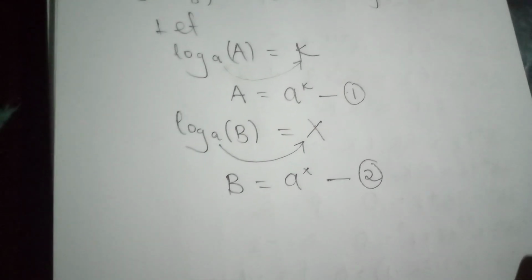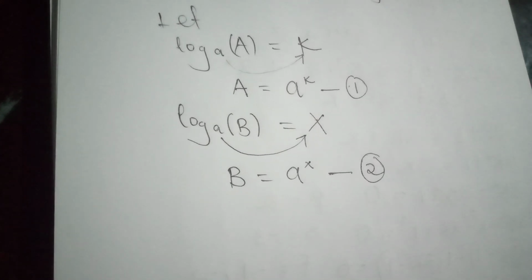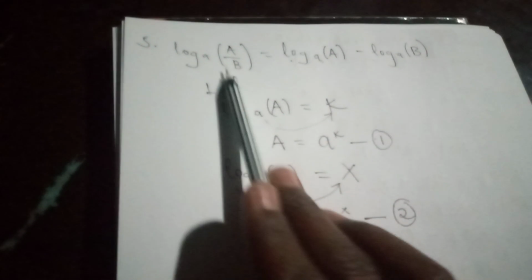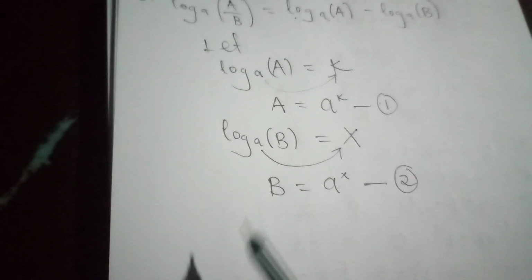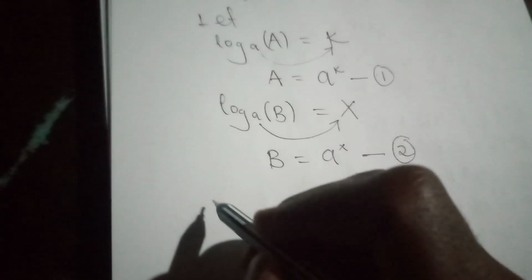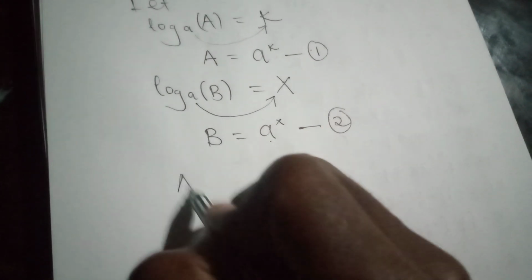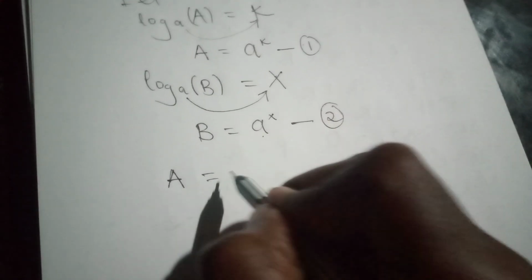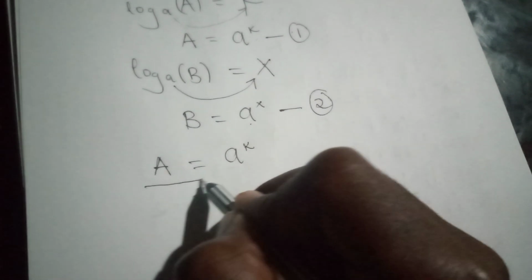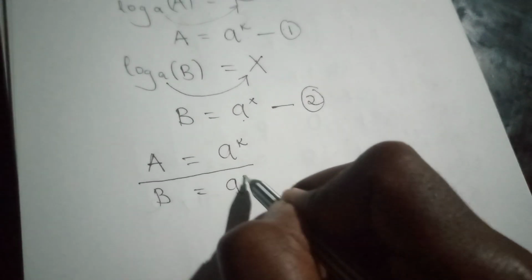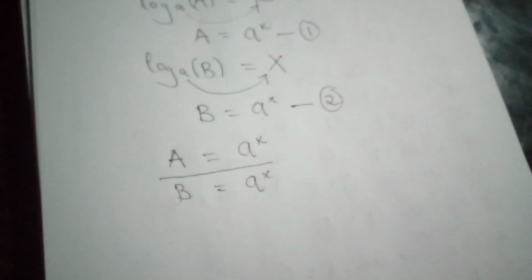Now what you are going to do is that, since you have seen that this part you are dividing, you are going to divide that into that. So a is equals to a to power k, and b is equals to a to power x.